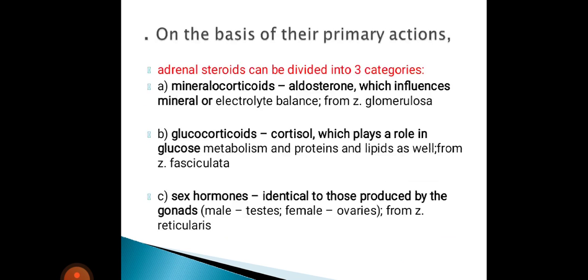The best example is cortisol, which plays a role in glucose metabolism and in proteins and lipids as well, from the zona fasciculata. And the third one is sex hormones. These are identical to those produced by the glands, that is male testes and female ovaries, as you know, from the zona reticularis.